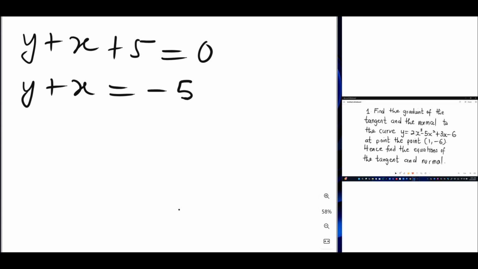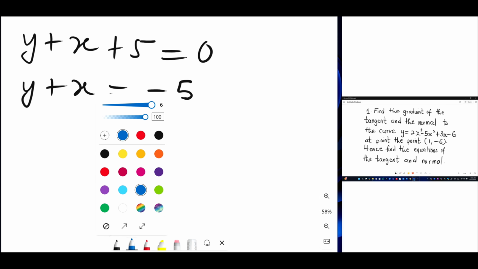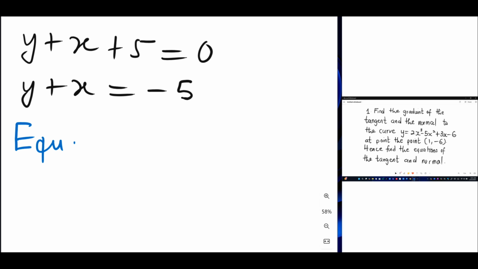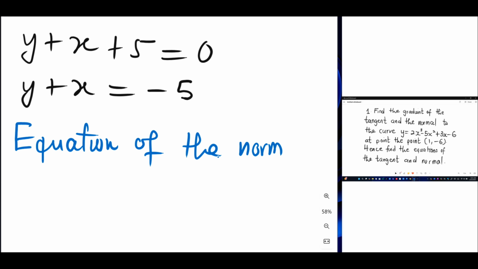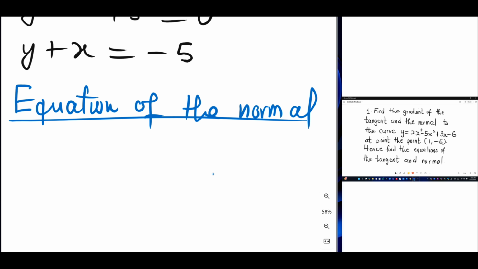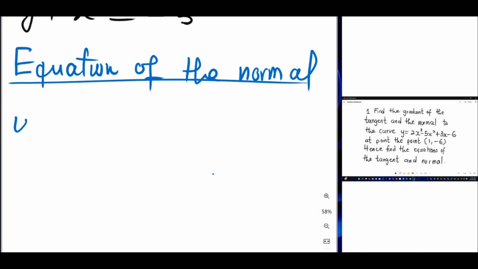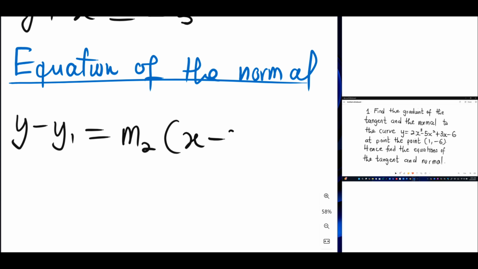Now let us find the equation of the normal. You can see in the diagram that the normal is a straight line, so we still use the same formula: y minus y1 equal to the gradient of the normal, which is m2, multiplied by x minus x1.